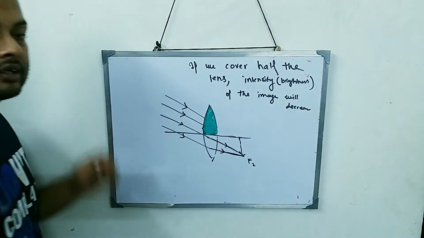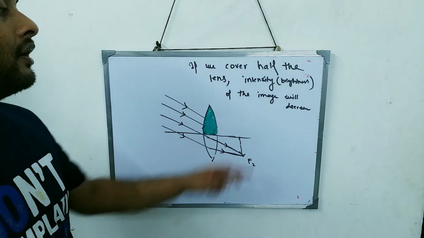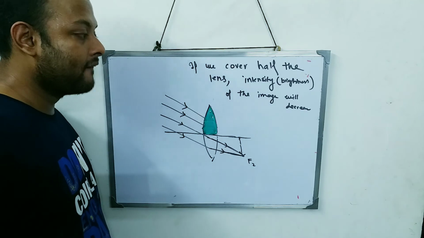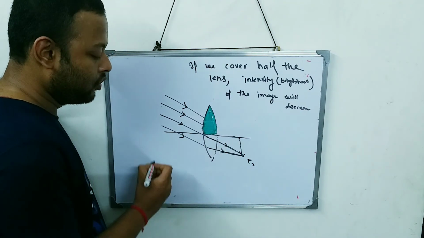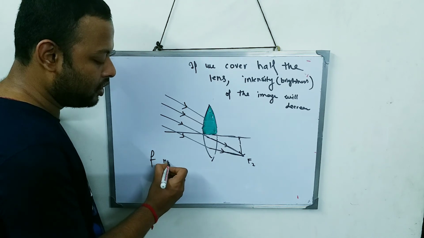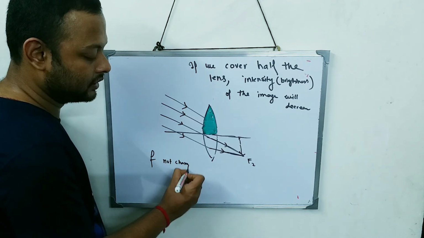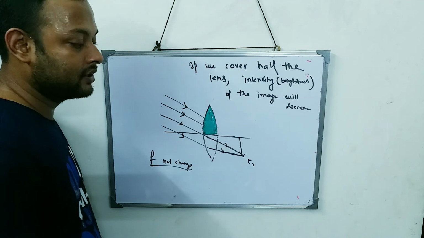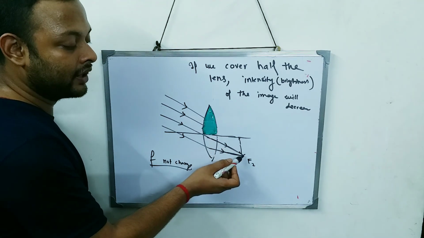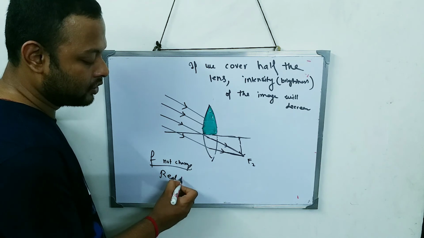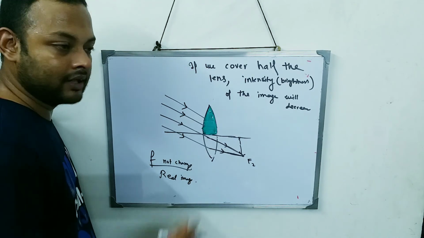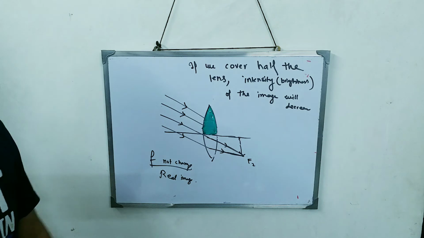That is very easy. Will the focal length change? No, the focal length will not change. What about the characteristics? Previously we were getting a real image, and now also we are getting a real image. It will remain a real image. Only the intensity of the image will decrease.